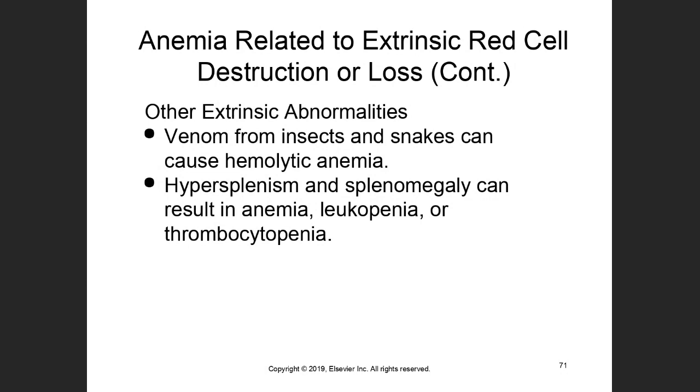Hypersplenism and splenomegaly can result in anemia, leukopenia, or thrombocytopenia. So a problem in the spleen can produce anemia. That's why patients with sickle cell have autosplenectomy, okay, because they destroy their own spleen due to the type of anemia that they have.